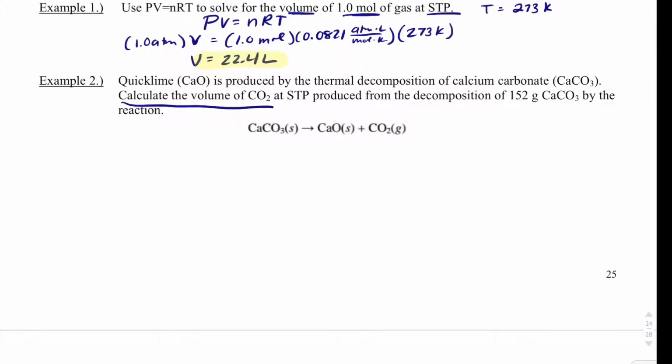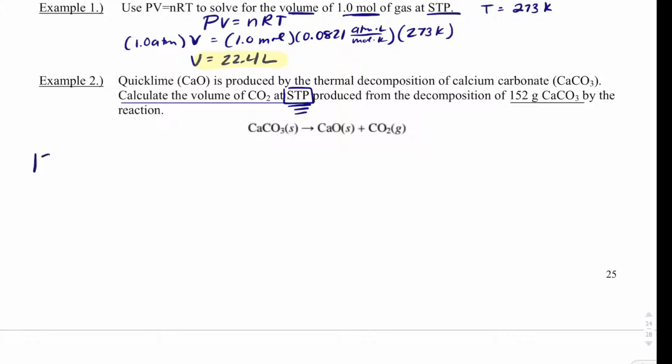We want to calculate the volume of CO2 at STP. I would always underline or box "at STP" if you see it. We started with 152 grams of calcium carbonate, and I want to go from calcium carbonate to carbon dioxide using a mole bridge.